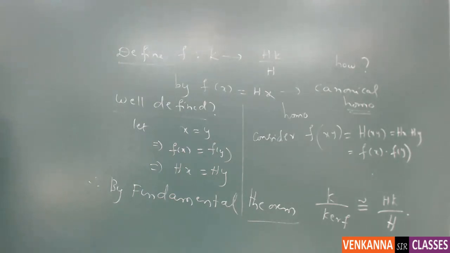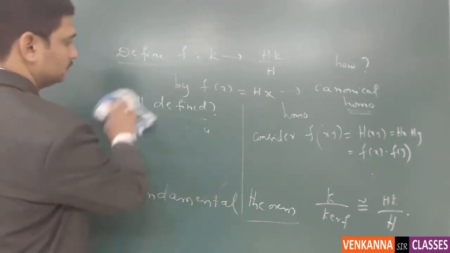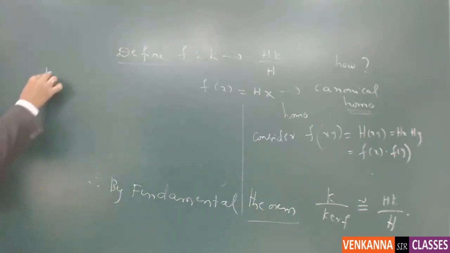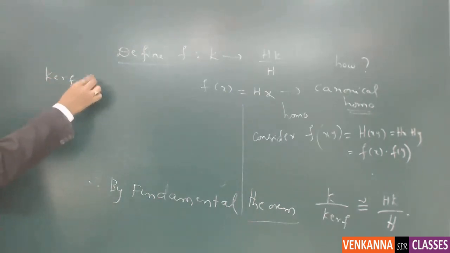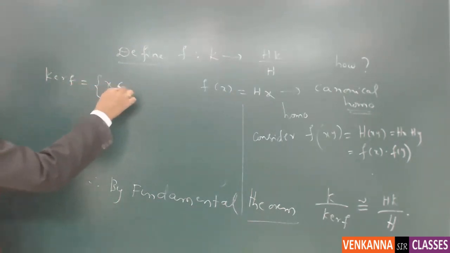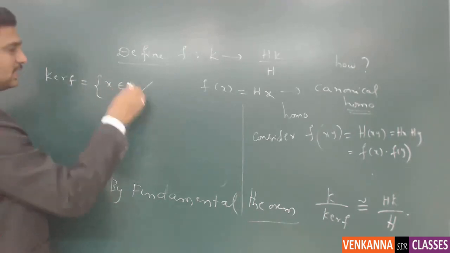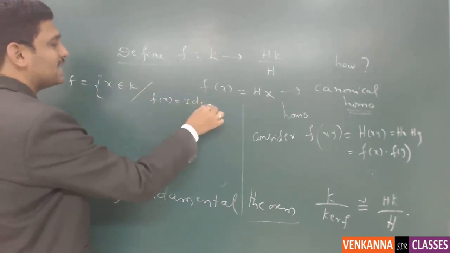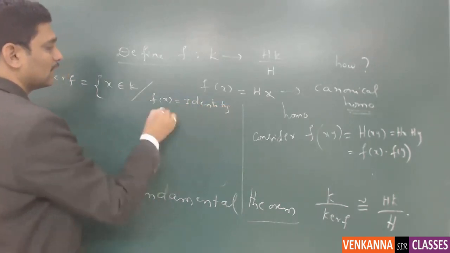So here our intention is, what is the value of kernel F? We have to calculate the value of kernel F. So that we are going to discuss now. If you write kernel F, it is the set of all elements in the domain such that f of x is equal to the identity in the codomain.